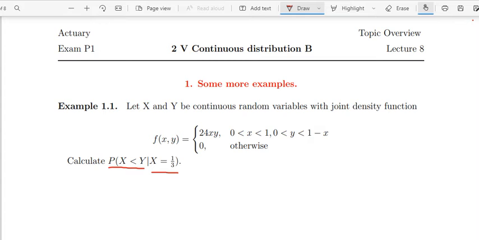Let's say the range for x and y: x is between 0 and 1, y is between 0 and 1 minus x. So y equals 1 minus x is this line, x plus y equals 1.